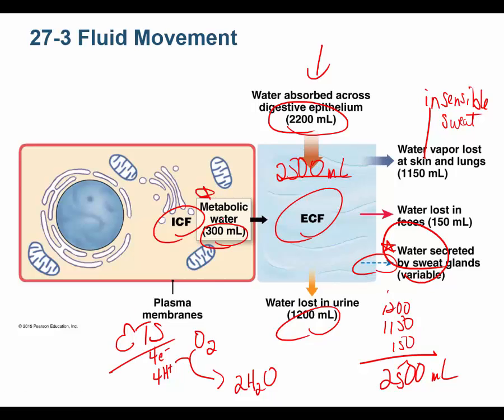That's called metabolic water. Some organisms use metabolic water exclusively and never have to drink, like the kangaroo rat out in the desert. So this metabolic water, we do make every day. We don't make much of it, but we make a little bit every day. So that's the balance in the fluid movement in our body.